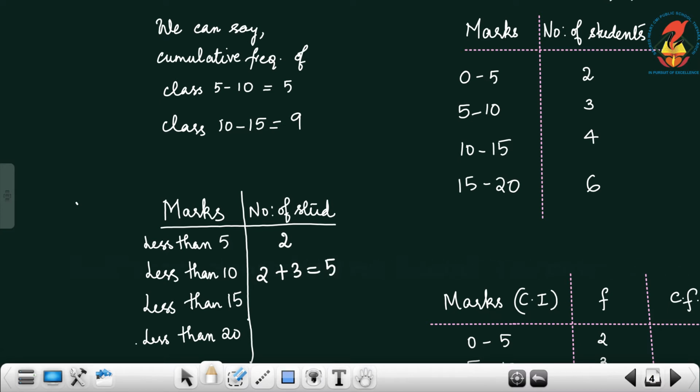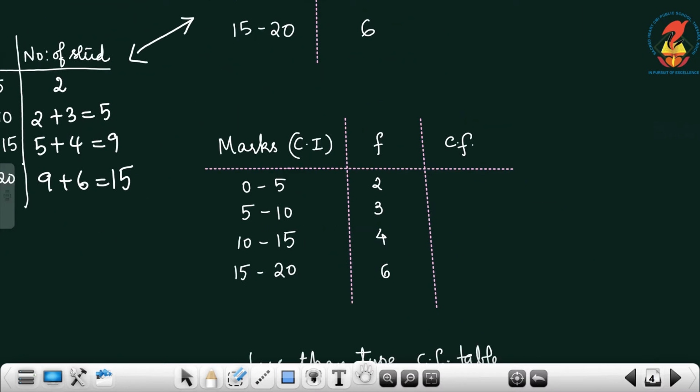How many students got marks less than 15? 5 plus 4, 9 students. And how many students got less than 20? 9 plus 6, 15. So these two tables I am going to combine and write here.